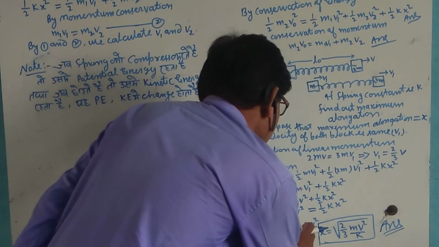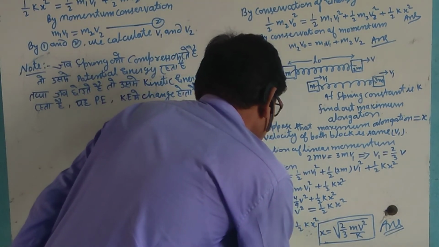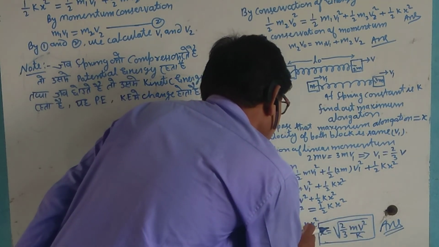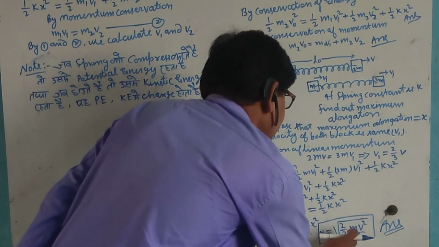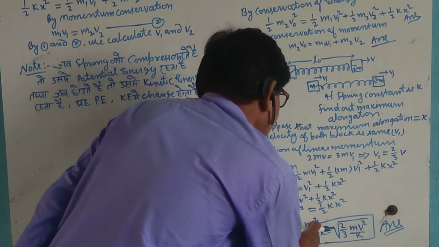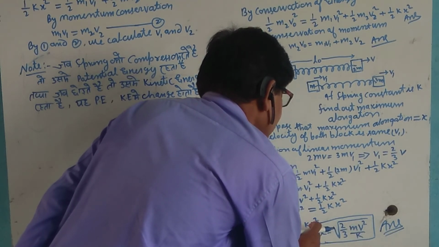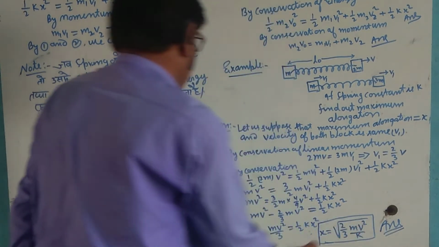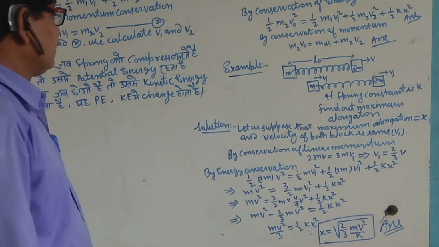So x equals under root 2 by 3 m v square by k. This is our answer.